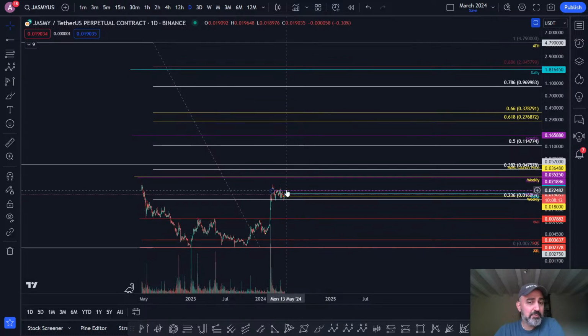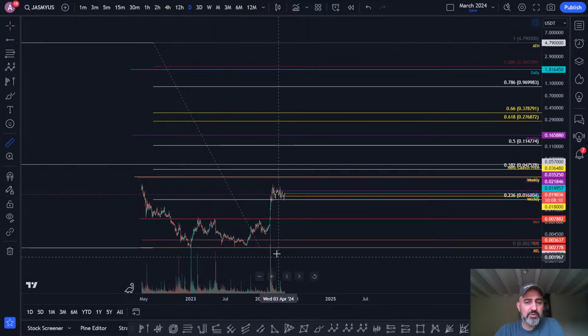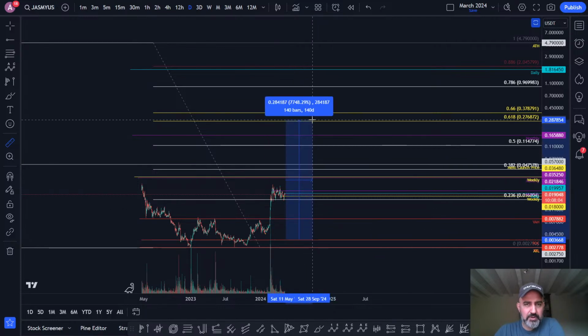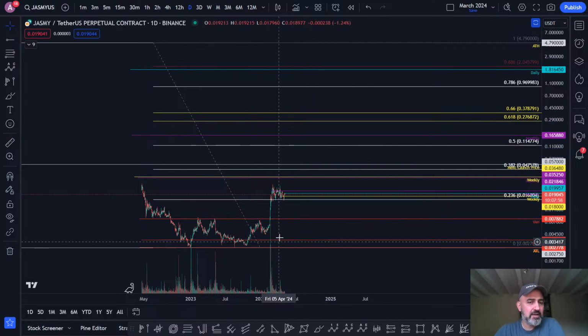I think for most people that's a lot of increase in value, and especially if someone has accumulated at the point of control, to go up to the golden pocket, you have to bear in mind that that's like a 70 or 77x increase in value. So I would not be surprised if the biggest resistance you find is the golden pocket.